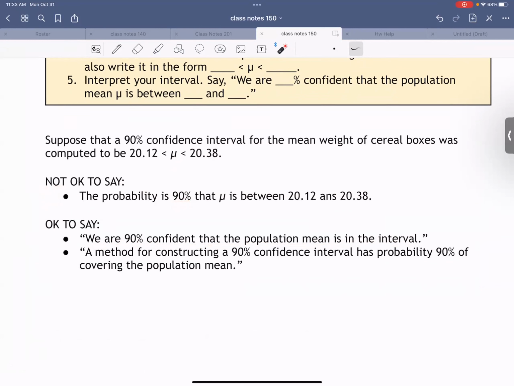It's kind of hard to explain why, but it's not true. What we are interested in is if we take a bunch of those samples, 90% of those intervals will contain the population mean, which is not the same thing. You can also say this, which the textbook says is okay, but I think the first one's easier to memorize, so don't really worry about the other one.